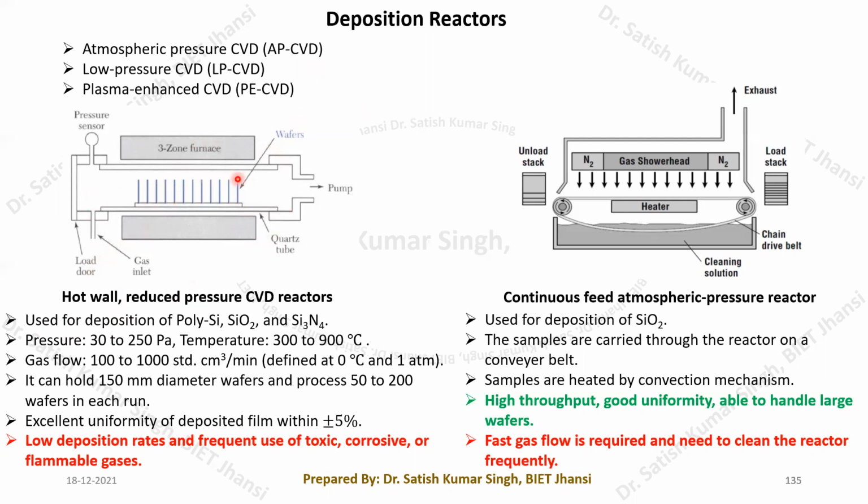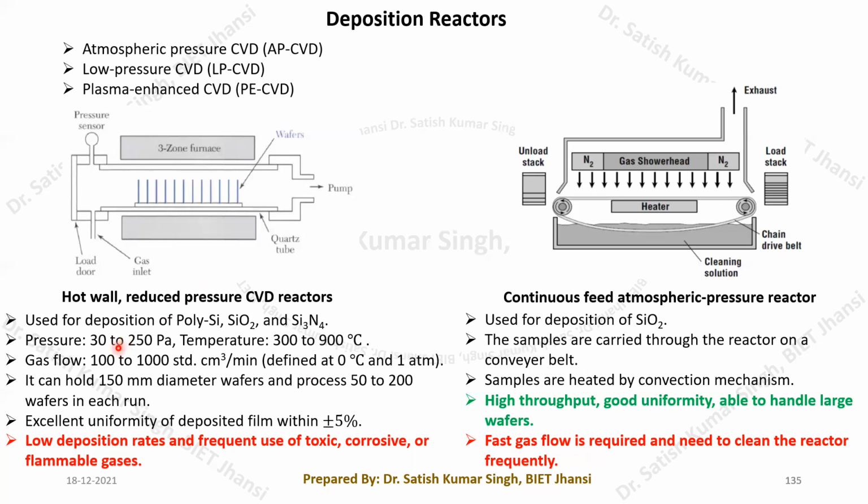So generally in the hot wall reduced pressure or low pressure CVD reactors, the temperature that we use is around 300 to 900 degrees centigrade. It will depend on what layer we want to deposit. This is the typical variation of the temperature that this particular system has.